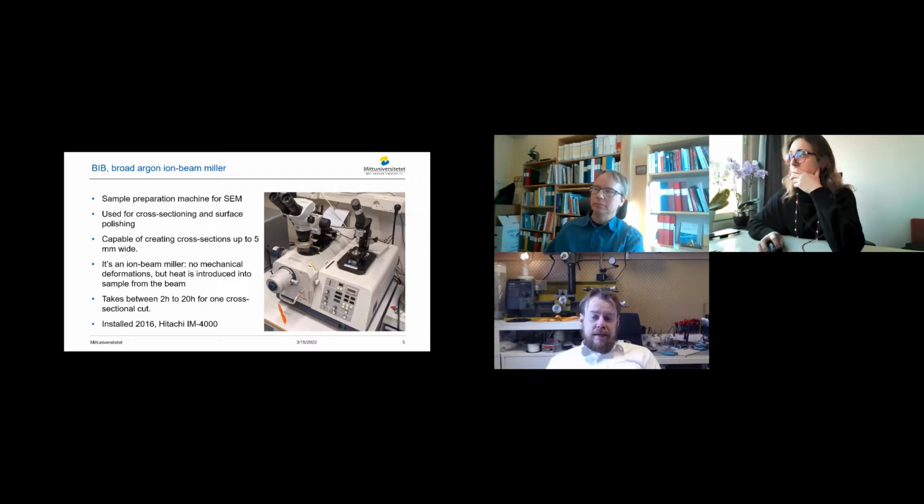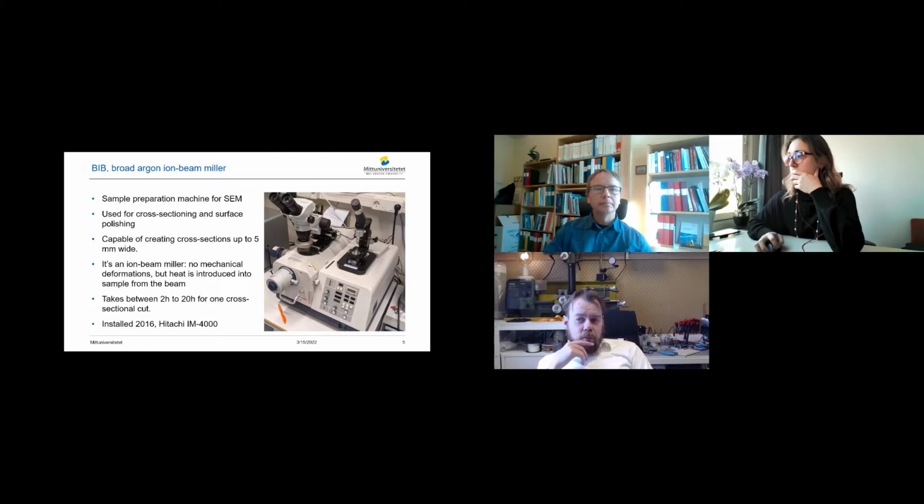So we don't have any mechanical side effects in this machine due to this plasma beam procedure. The con instead is that because we use this plasma beam, we introduce heat into the sample instead. So if the sample is heat sensitive, then usually this is a no-go, because you destroy or burn off your sample. So it's not good if the sample is heat sensitive.